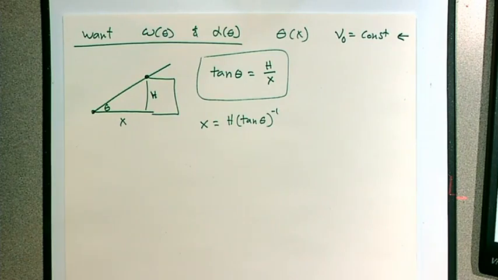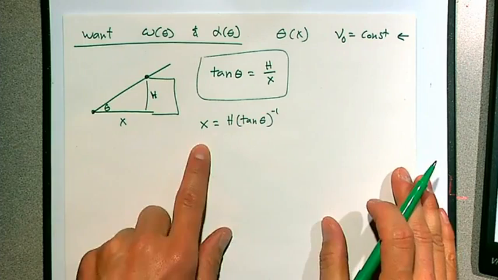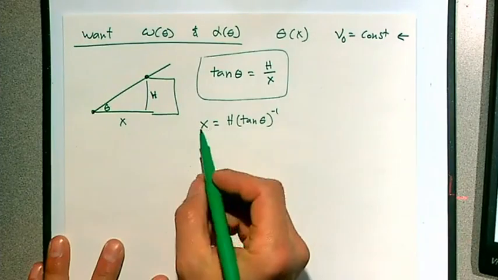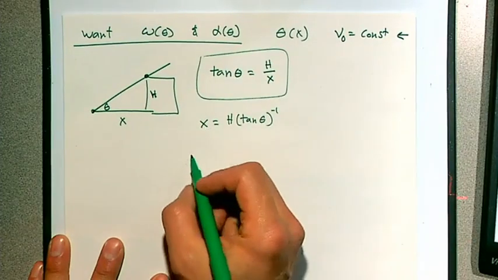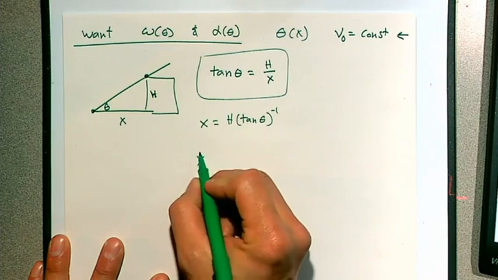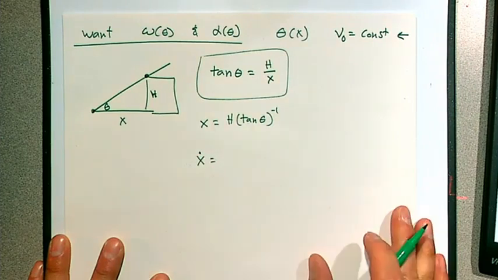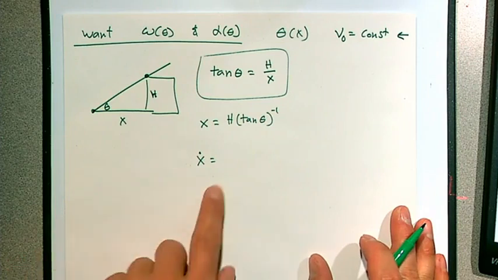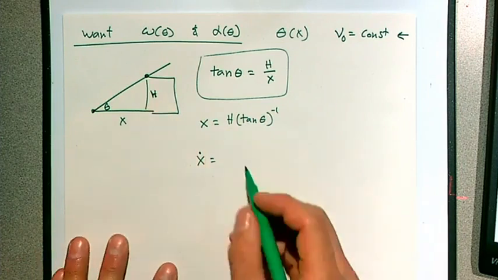I got this expression. I want to start taking some derivatives with respect to time. So the derivative with respect to time of x, x dot, or velocity. h, that's a constant.